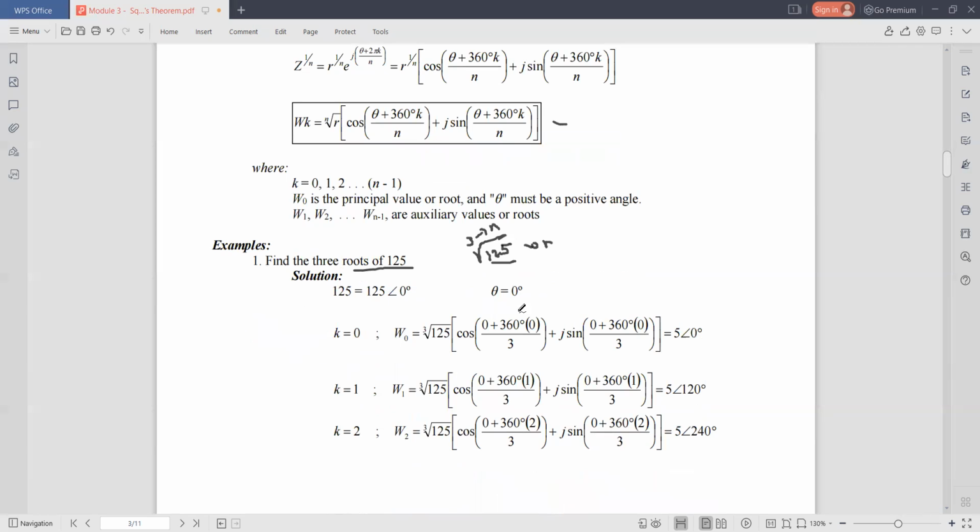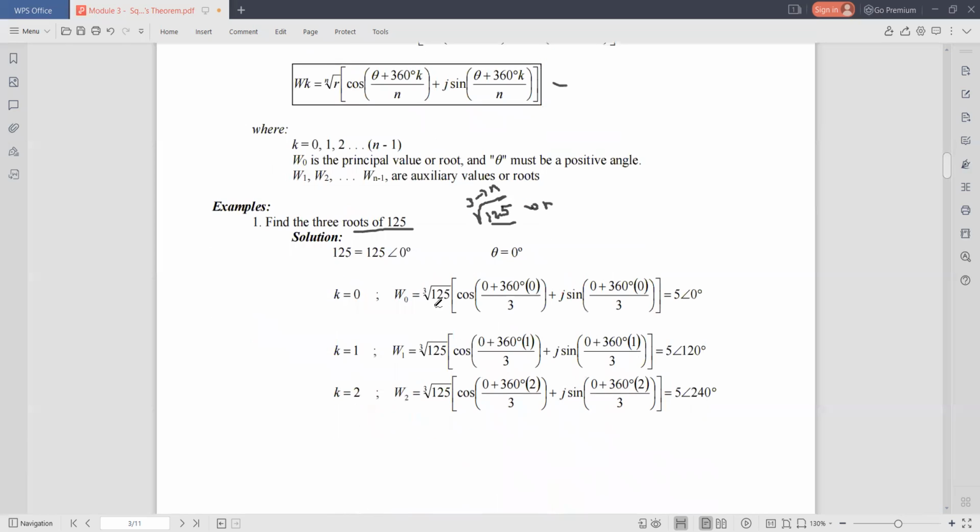Okay, ito pala. Ayan. So you have your n, you have your R, then k is equal to 0, multiply lang natin by 0. So you have your first or principal value mo, first root, second, and third.